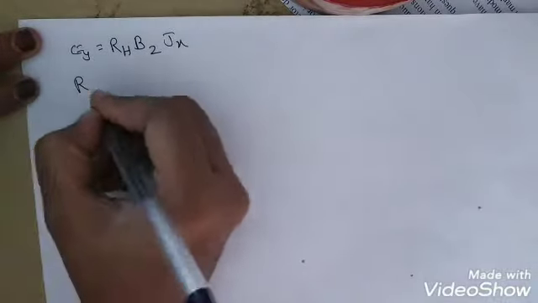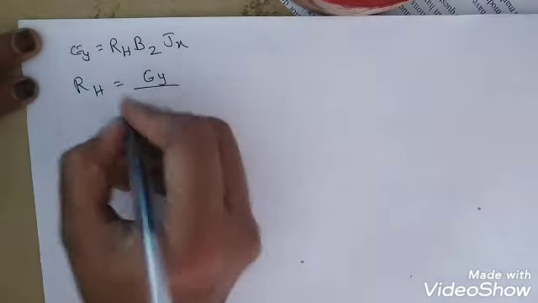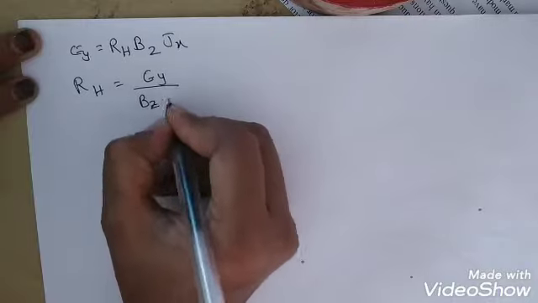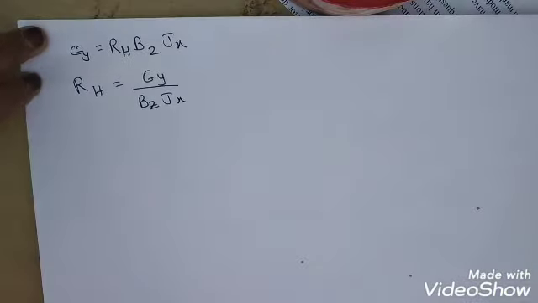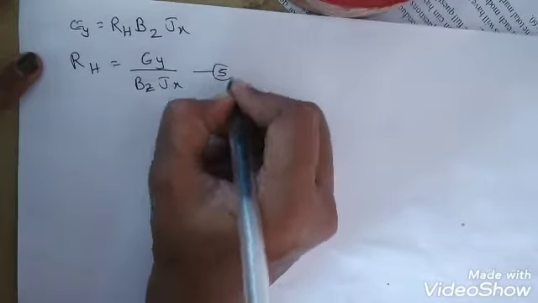So I can rewrite it as RH is equal to Ey by Bz into Jx. So I name it equation number 5.